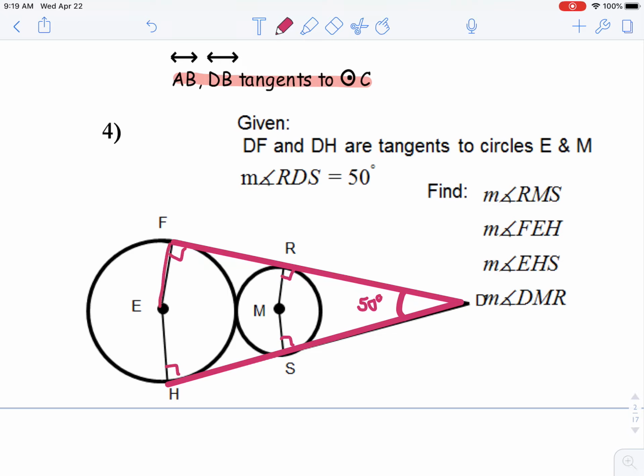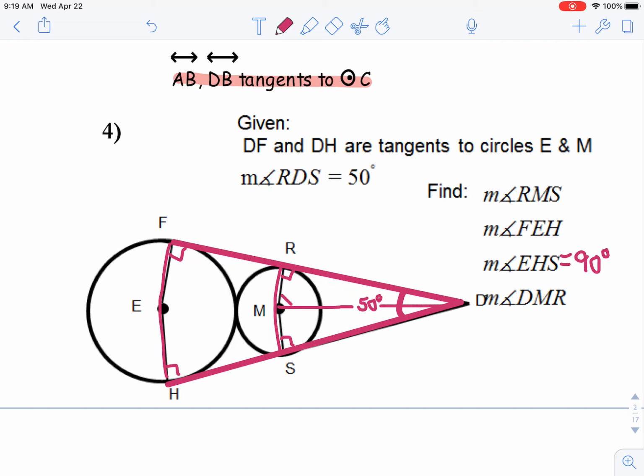Well, RMS is this big one here. FEH is the other bigger angle here. EHS is that right angle down there, so we at least have our 90 then. And then DMR. So they actually want us to think about an angle that goes right there. Okay. So RMS. Well, let's think about this.